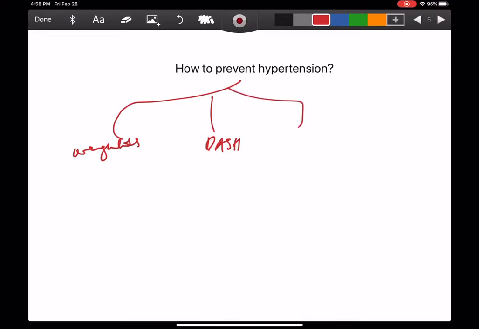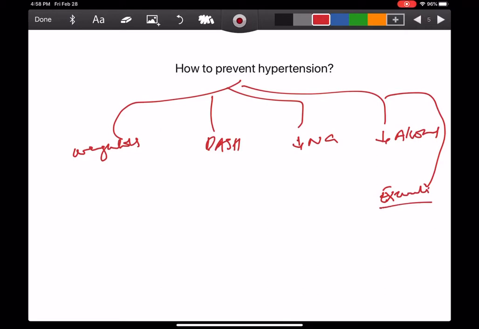Followed by consuming a diet which is low in sodium, decrease the alcohol consumption, and lastly, exercise. I have previously spoken about what kind of exercise should be done, what is considered as exercise for improving your cardiac capacity and benefiting your heart.